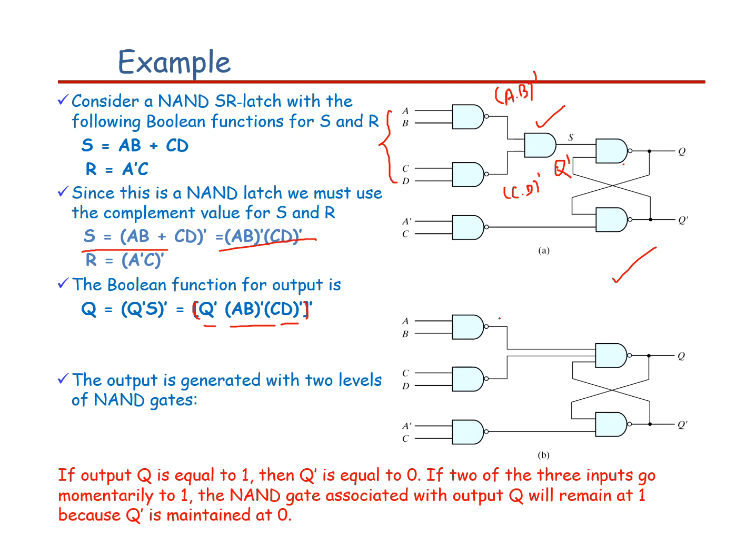Here, if the output Q is equal to 1, then automatically Q bar is 0. If two of the three inputs go momentarily to 1, the NAND gate associated with the output Q will remain at 1 because Q bar is maintained as 0.